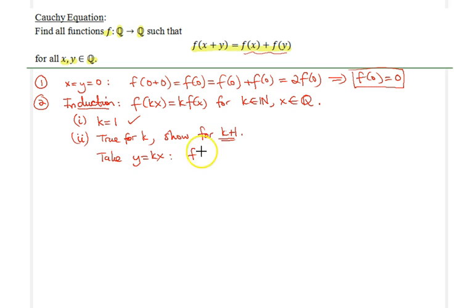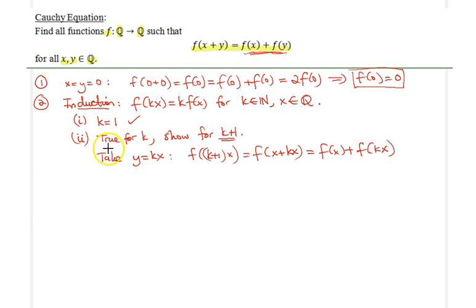so we get that f of k plus 1 x is simply equal to f of x plus kx, and that's equal to, using the definition as separated, f of x plus f of kx.